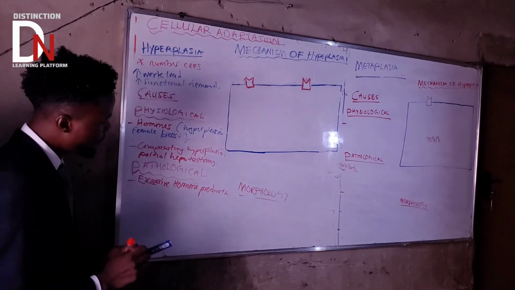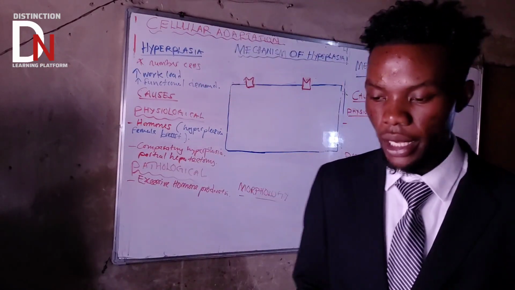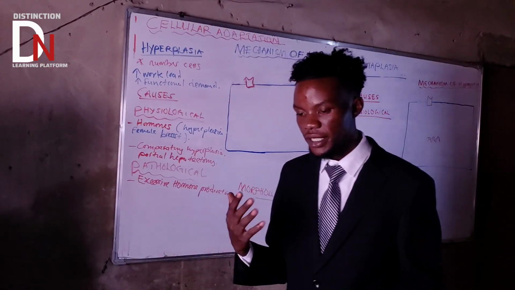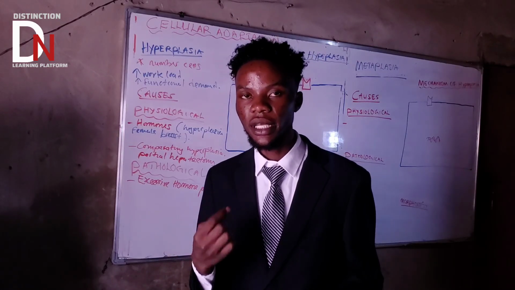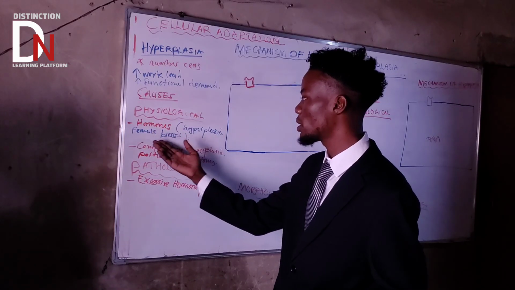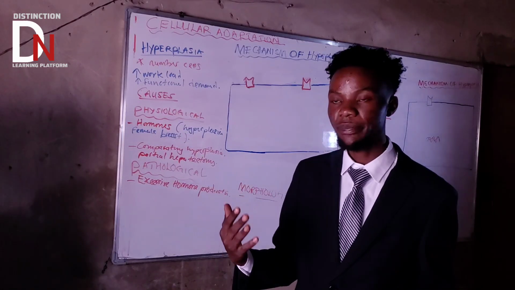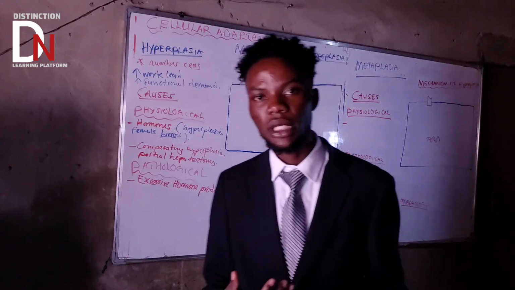Remember that under pathological, something has to be abnormal. That's when you can say something is pathological. Here there was normal production of hormone. That's why there is hyperplasia of the female breast. That's a normal response. Now, if there is excessive hormonal production, like in what condition?